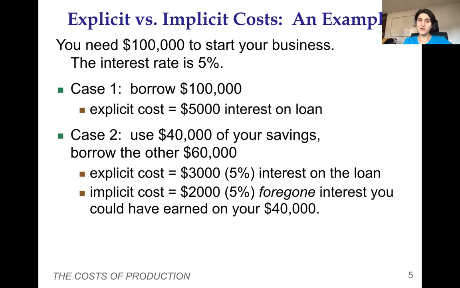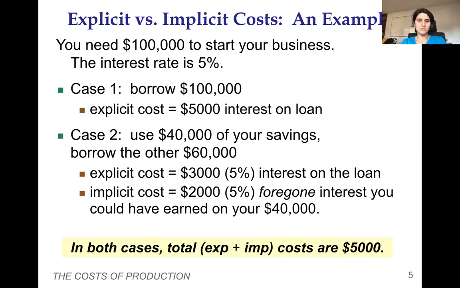If we assume your savings earn 5% interest, the forgone interest you could have earned on your $40,000 would be $2,000. So the total cost would be $5,000 again. When we are calculating the firm's profit, we are considering the total cost. In both cases, total costs are $5,000.